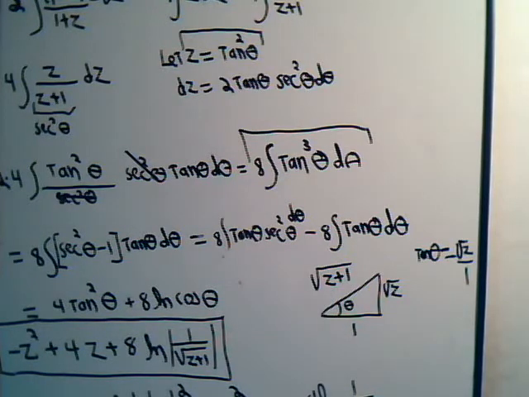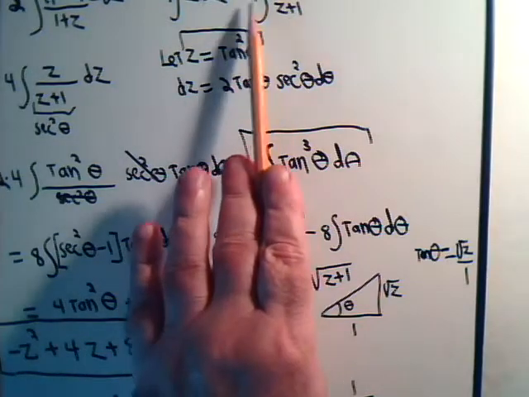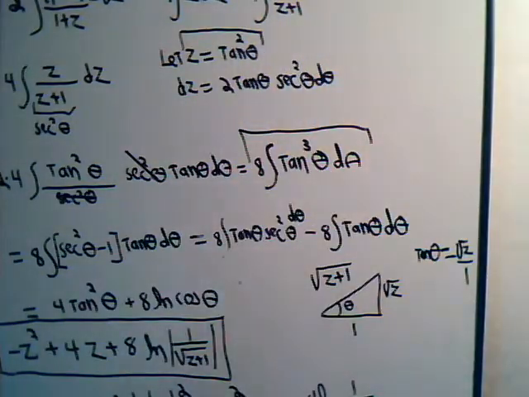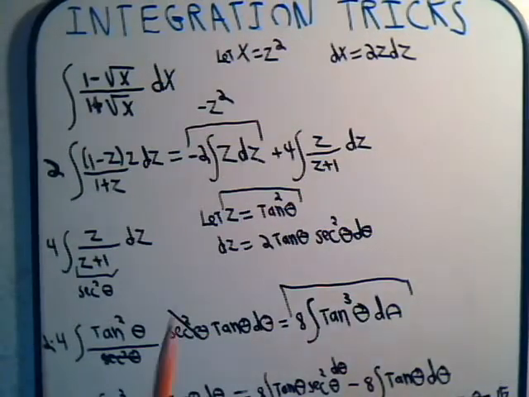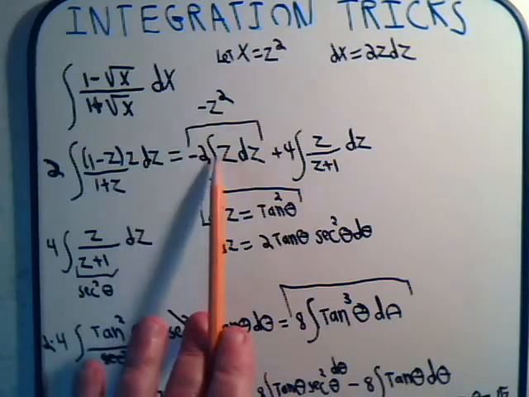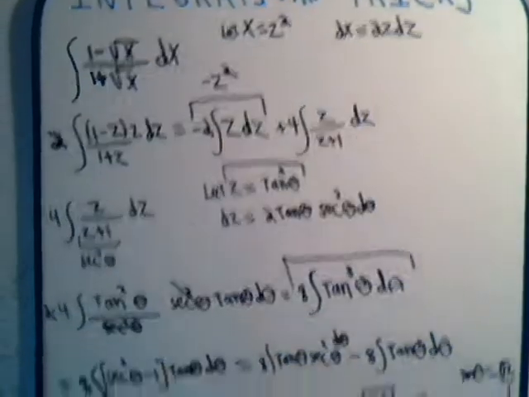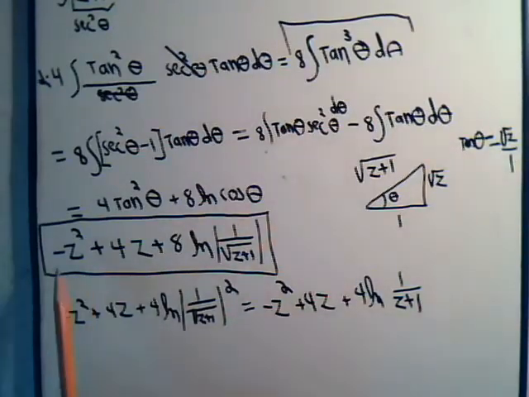So we know what the hypotenuse is. So the cosine of theta is the side adjacent divided by this. So this integral here gave us this, and then we also had this minus z squared from this first integral. So we wrote them all down together.